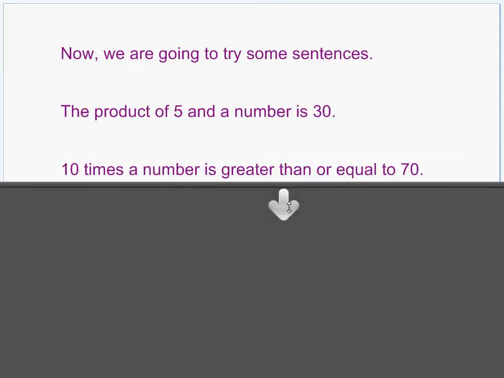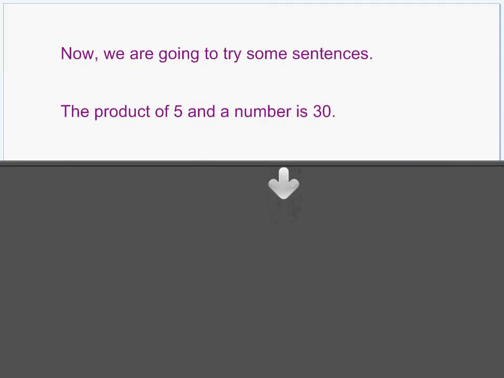Okay? So the first one. First thing we're going to do, let's hunt for some keywords. The first keyword that jumps out here is product. Product of 5 and a number is. Well, what do I know about those? The product means multiply.